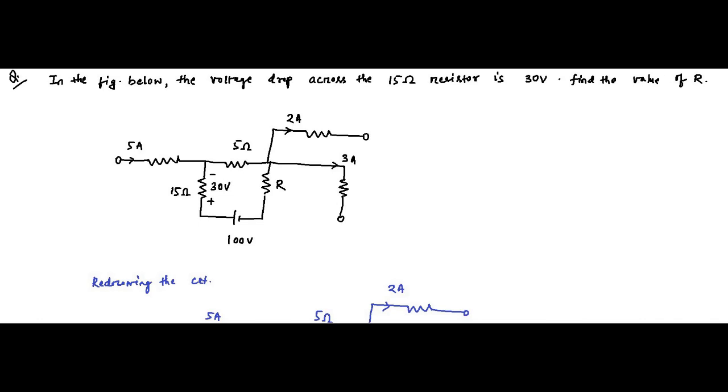We have been given the current values that are flowing and their directions are assigned: 5 ampere, 2 ampere, 3 ampere. So this is a basic application of KVL.